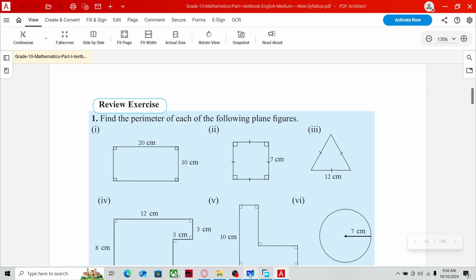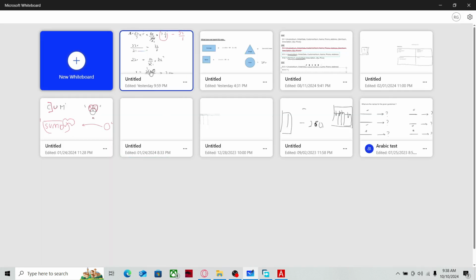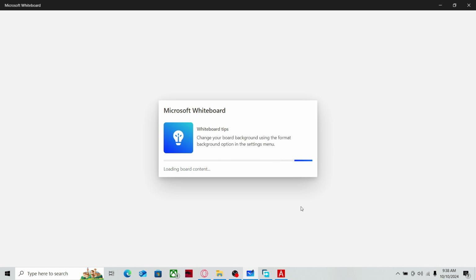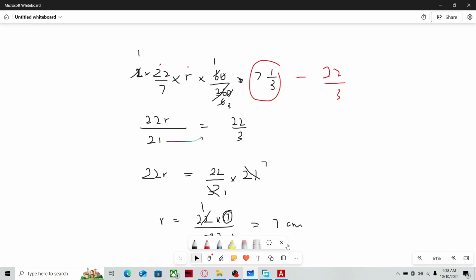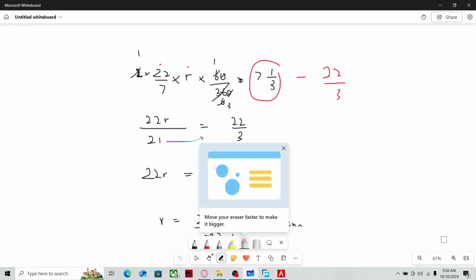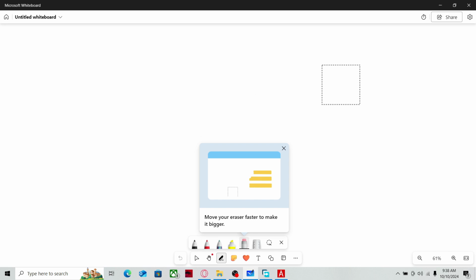Now, like I said, in a rectangle you have four sides, right?